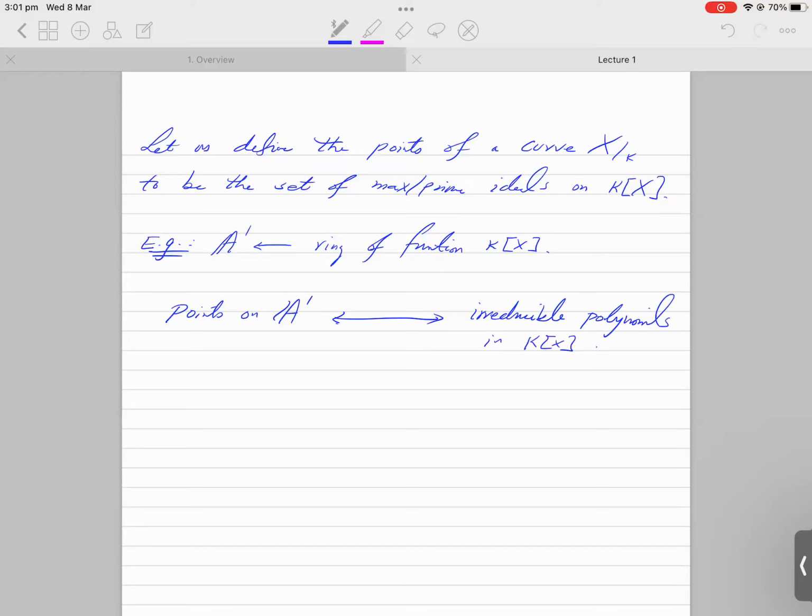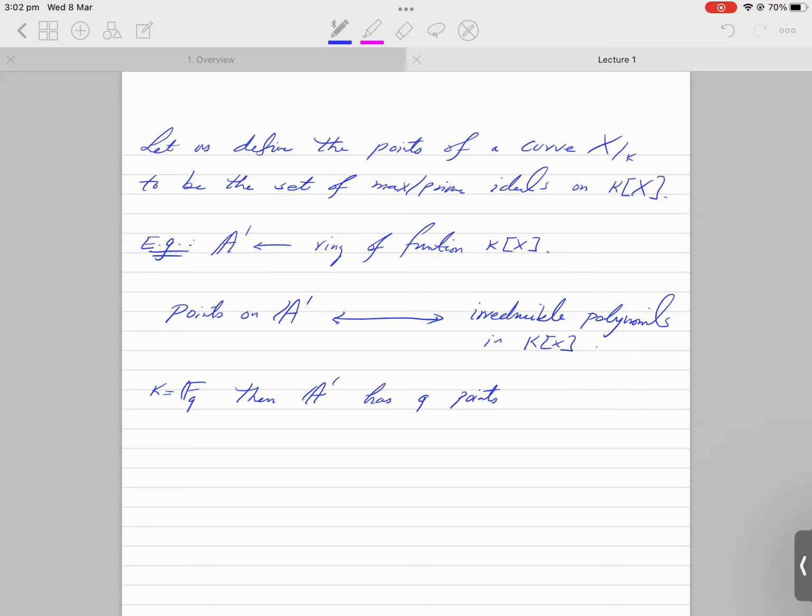Okay. So I'm interested in the case of K equals F_q. So the line then over F_q, A1 has q points, namely 0, 1, 2, ... Well, okay, sorry.